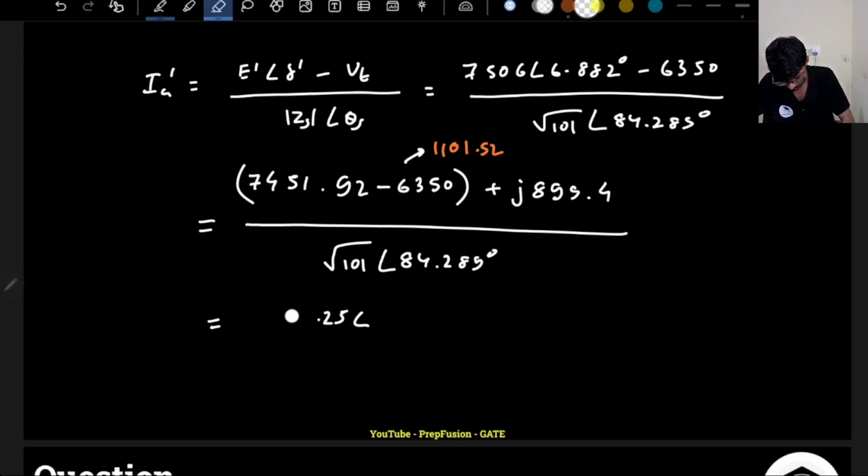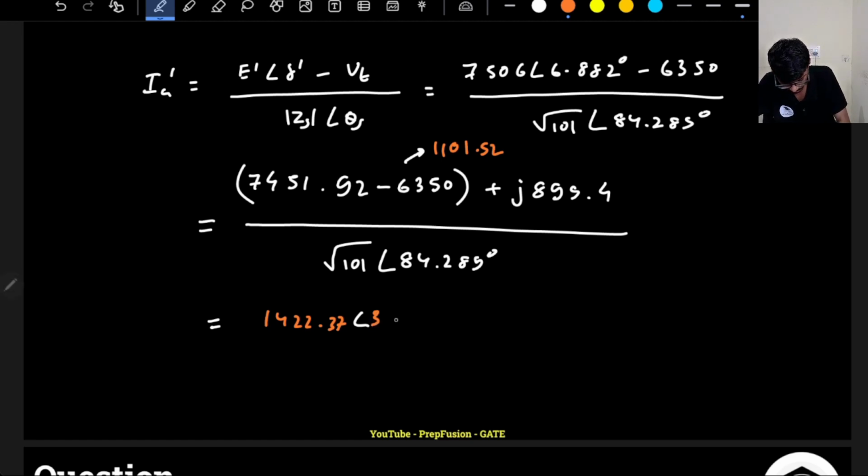Okay, this is wrong. This is 1422.37, and so what is the angle? Angle will be 899.4 divided by 1101.92 tan inverse.